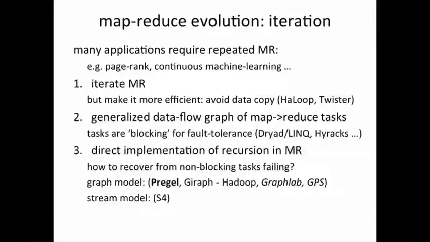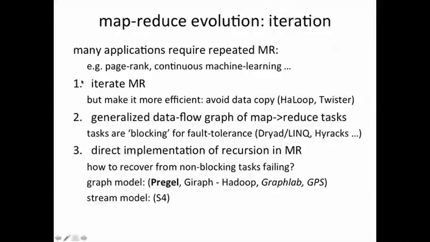So let's revisit some of the challenges and potential solutions that we looked at a while back. Many applications require repeated MapReduce. PageRank will be one example we'll talk about a little bit later. There are many ways of trying to optimize MapReduce if you have to repeat it many times.